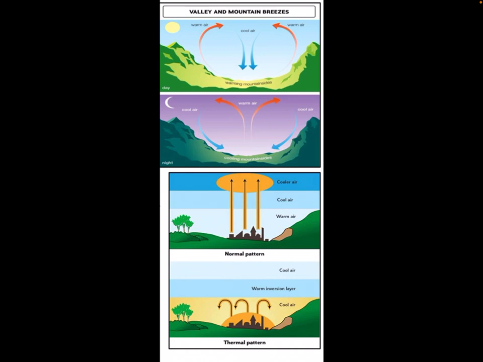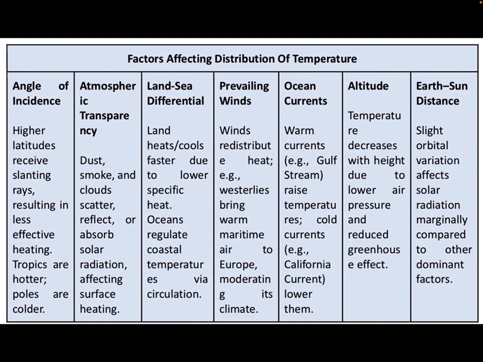So we can see the factors responsible for the distribution of temperature, and also there is the definition of the greenhouse gas effect. What do you mean by greenhouse gas effect? Examples of greenhouse gases are water vapor, CO2, nitrogen oxide, ozone, and methane.